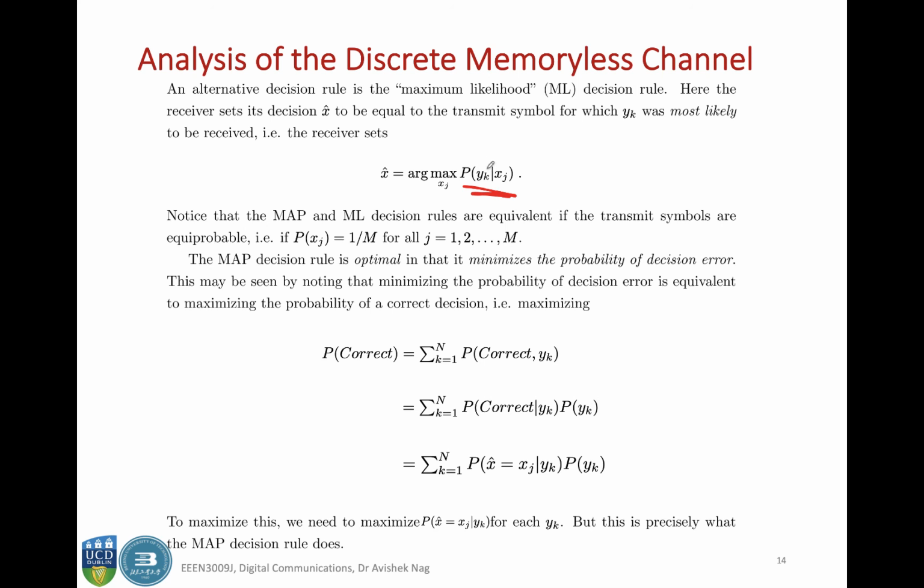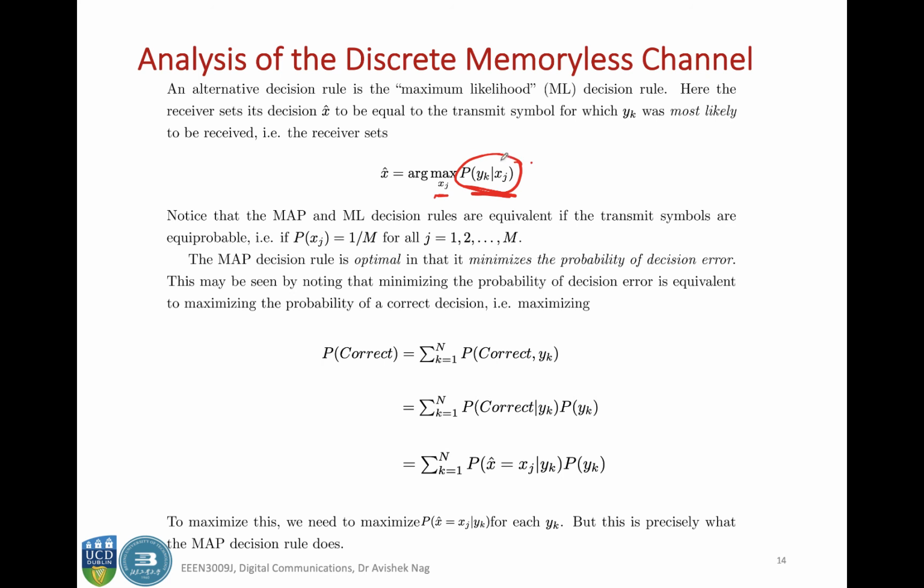So the transition probabilities are given by probability yk given xj, and you do the same exercise again. You observe this probability for different values of xj and see what value of xj maximizes this probability, and you can set that value equal to x hat, and then that is also another decision rule. That decision rule is called the maximum likelihood decision rule.